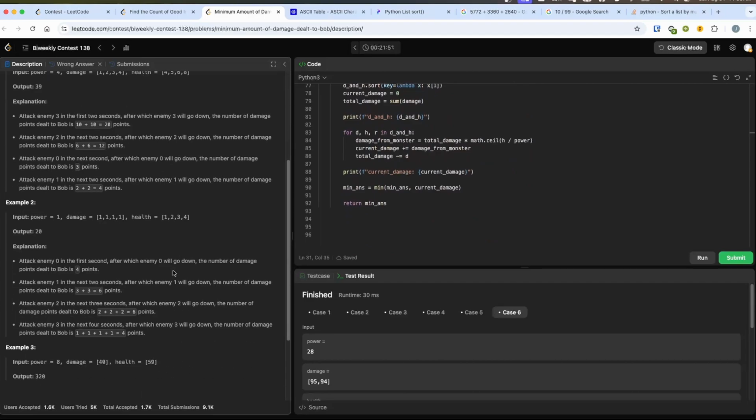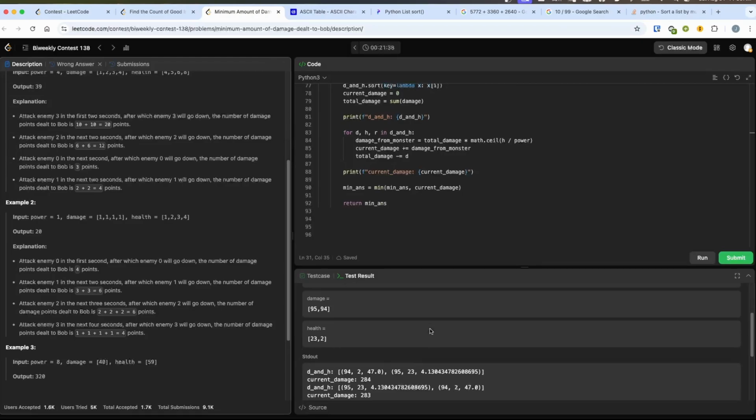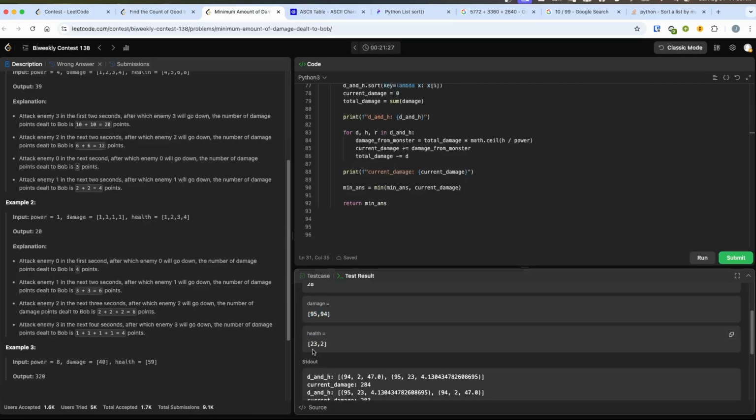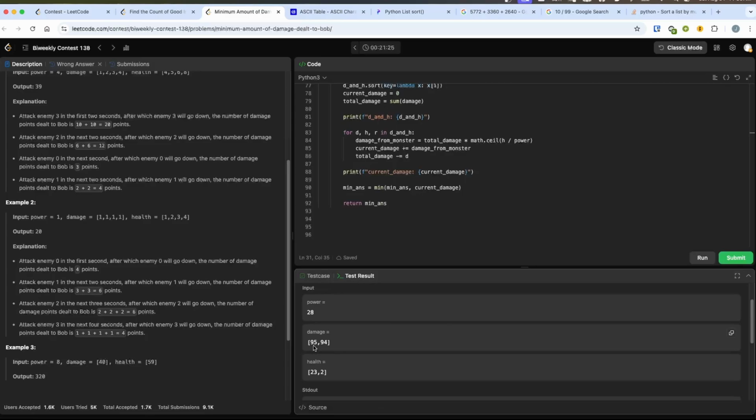So here, total. I feel like it makes the most sense here to just eliminate this person first, because you can knock this person out in one hit.